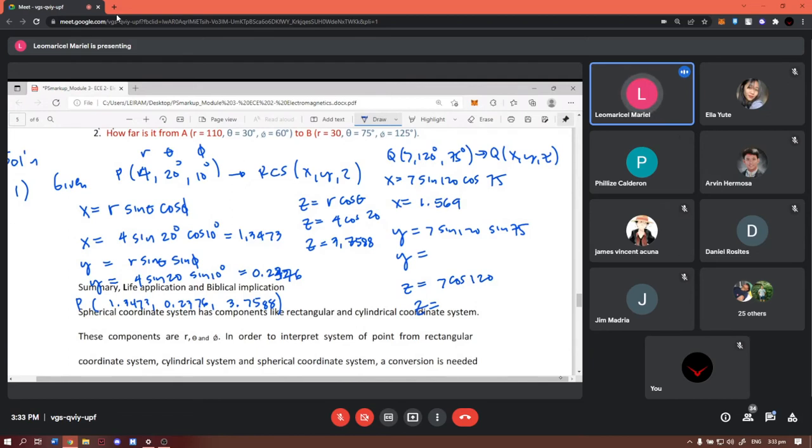How about the Y? Seven sine 120 sine 75. 5.8556. Again, 5.8556. How about your Z? 7 cosine 120.